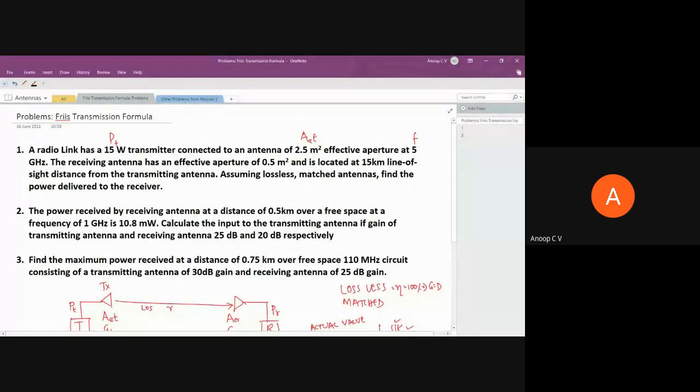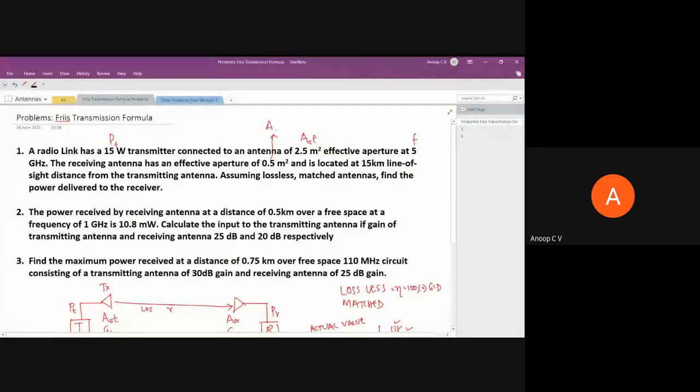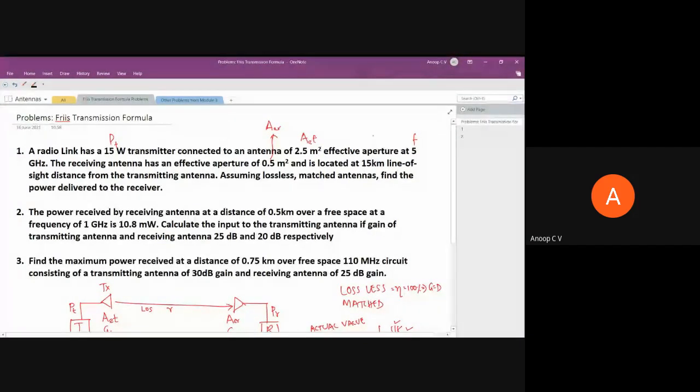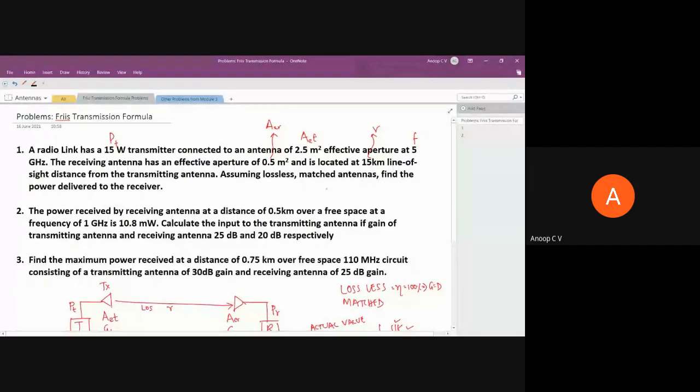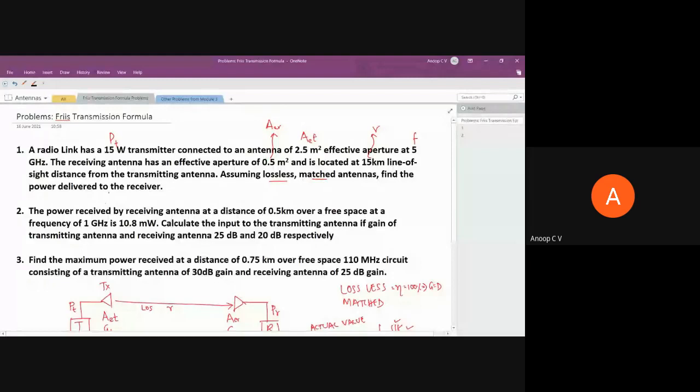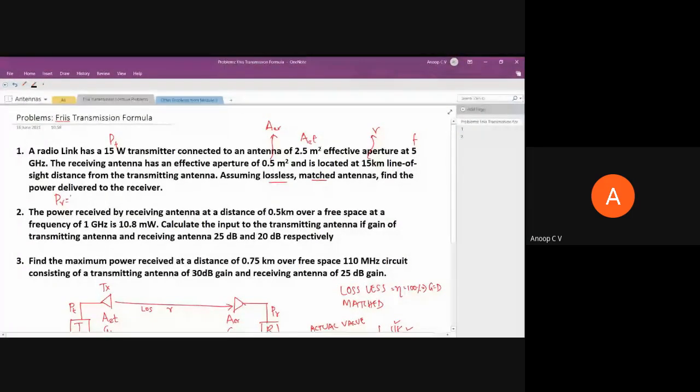The receiving antenna has an effective aperture of 0.5 meter square, this is AER, and is located at 15 kilometers, so this is distance R. It is line of sight, assuming lossless and matched antennas. Find the power delivered, so what we need to find is the power received.